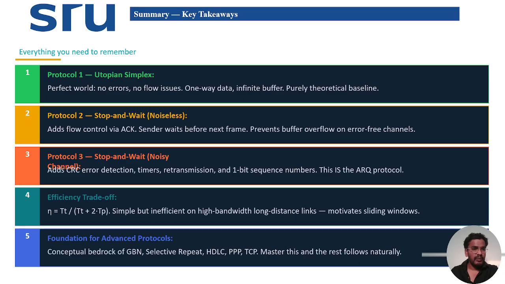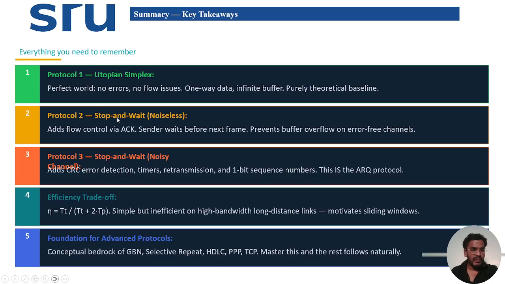In summary, the unrestricted protocol is a perfect world with no error, no flow issues, one-way data and an infinite buffer, a purely theoretical baseline.